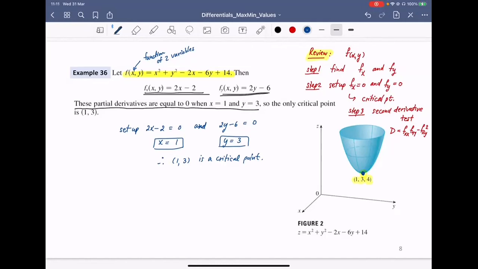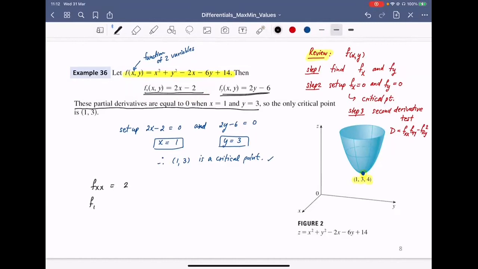However, suppose that you don't have a picture. How do you know that this is going to be a minimum? Once you get a critical point, you can compute f double prime xx first. That means you carry the thing that you have from the previous step and differentiate one more time. So you get 2 with respect to x.